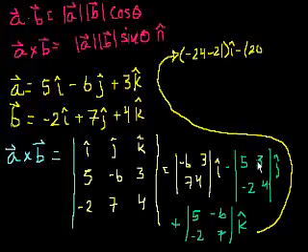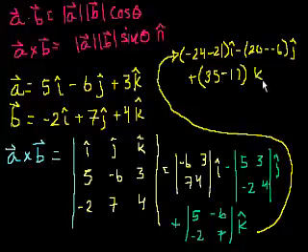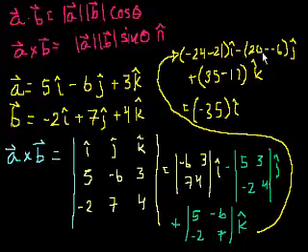minus minus 2 times 3, so minus 6, J. Plus 5 times 7, 35, minus 2 times minus 6, so it's minus positive 12, K. You could simplify this, which equals minus 24 minus 21, it is minus 35 I. And then what's 20 minus minus 6?